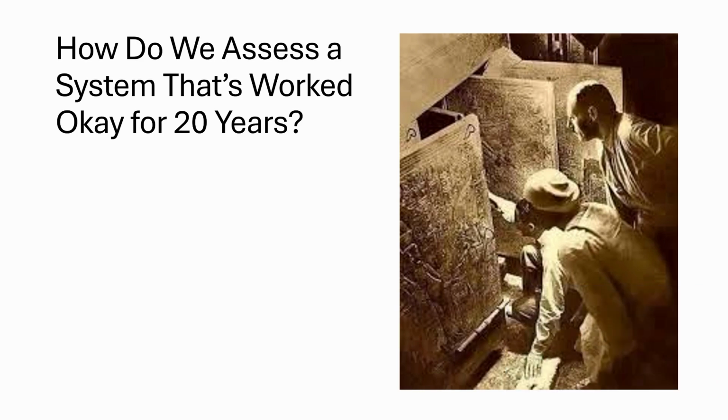A lot of the time when you are looking at this stuff, you will be looking at something that's been in use for 20 years or 30 years, and it has worked fine. So you have to know what you have to look for, partly because you have to convince somebody later that something that's worked okay for 20 years can still go wrong.